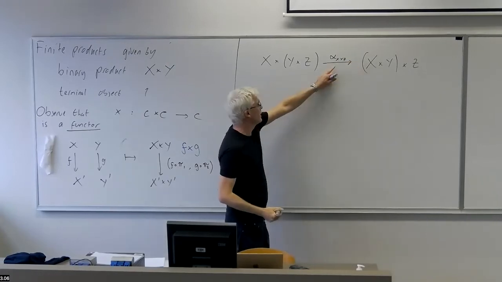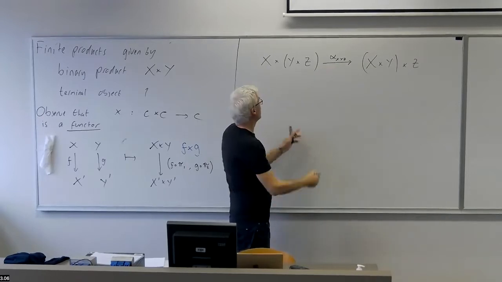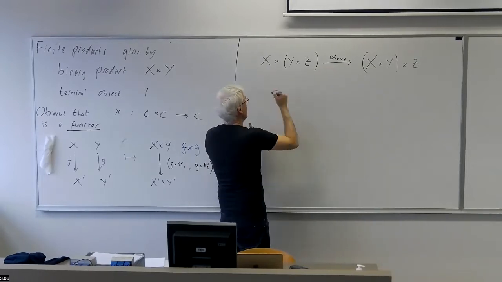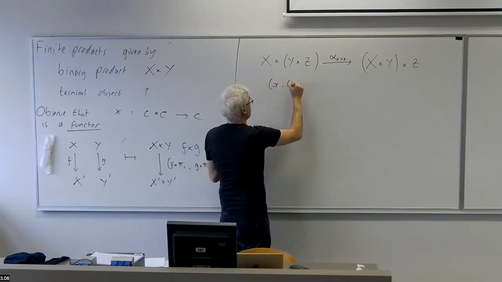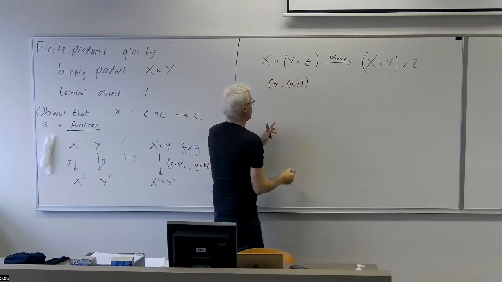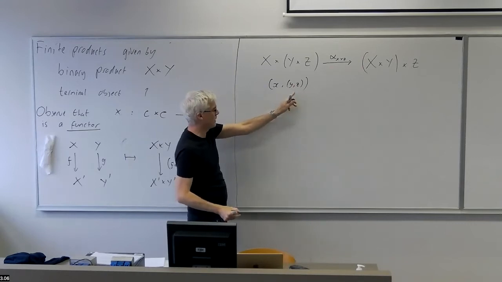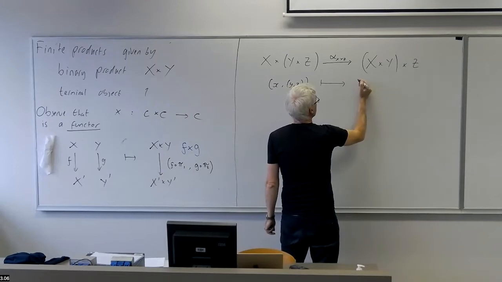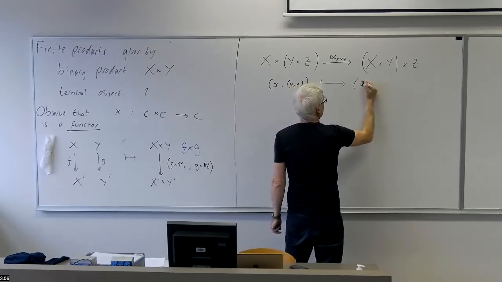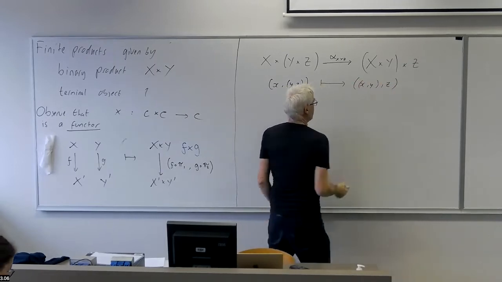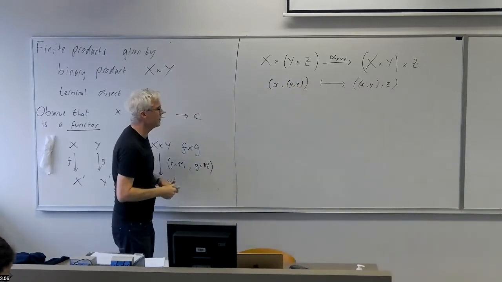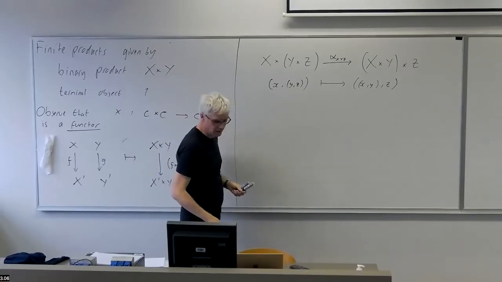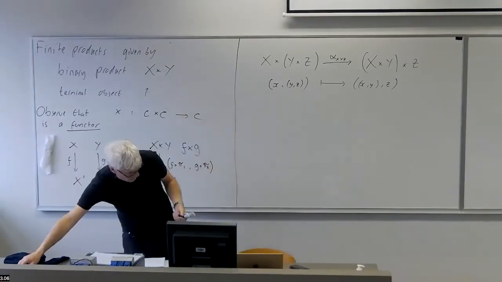I'm going to put the indices x, y, and z here, but obviously this is simply the operation that takes a pair of the form ((x, y), z) and rearranges it to (x, (y, z)). So that's how it would work in set theory, and that's the intuition for it.